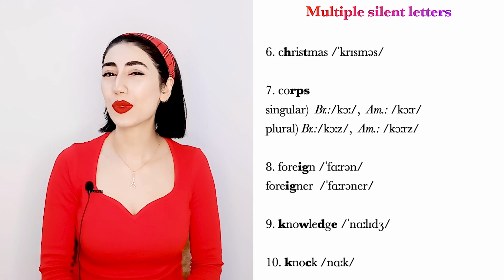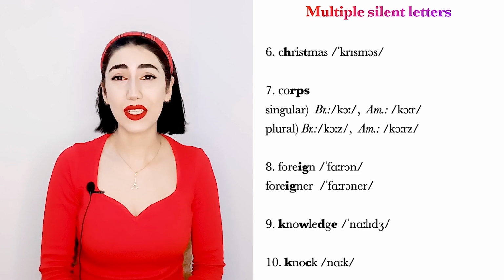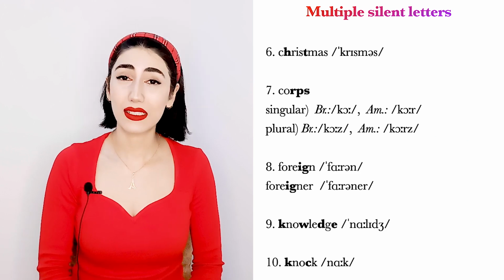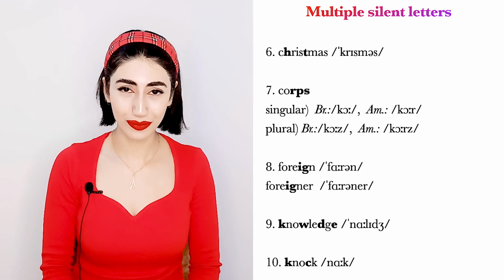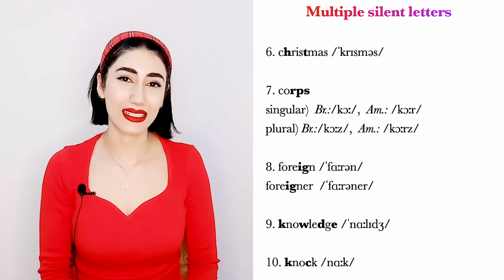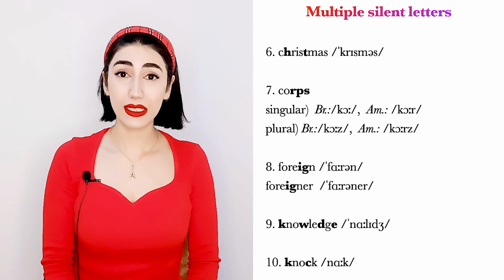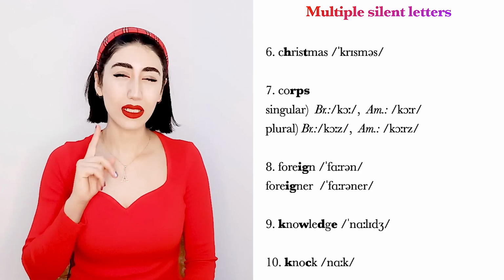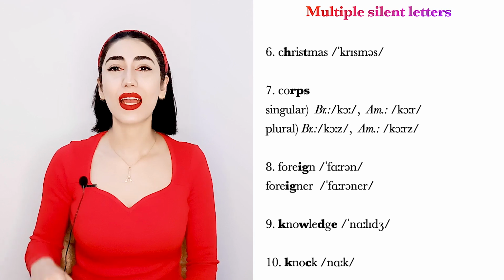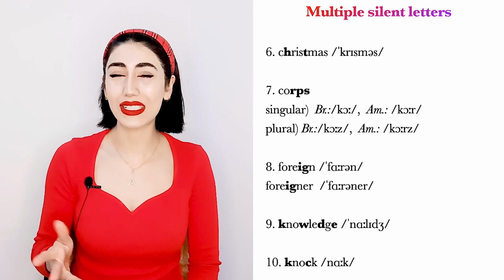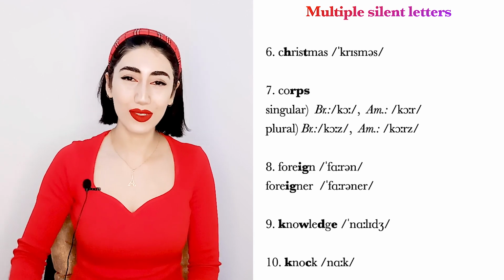Why I chose just the American pronunciation and the plural form? Because the singular form is just like this one too, and it would be pronounced as core, or maybe the British say core. Remember non-rhotic accents? Core. So you see RPS are all silent.